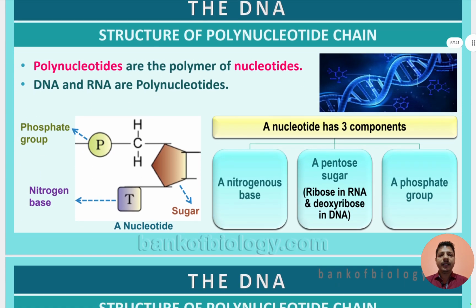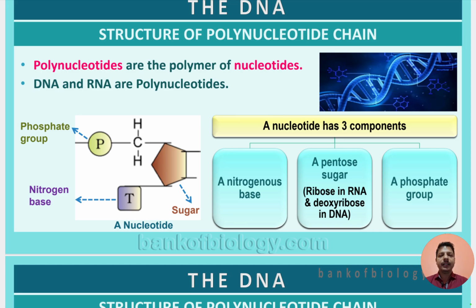And a nucleotide has three components: a nitrogenous base, as you can see here T for thymine; a pentose sugar, ribose in RNA and deoxyribose in DNA; and a phosphate group, here as you can see.